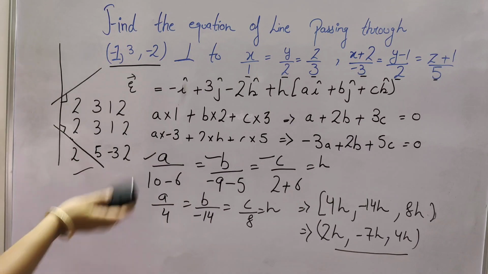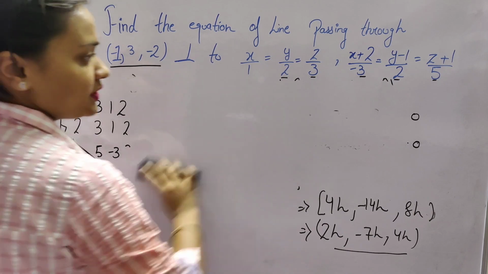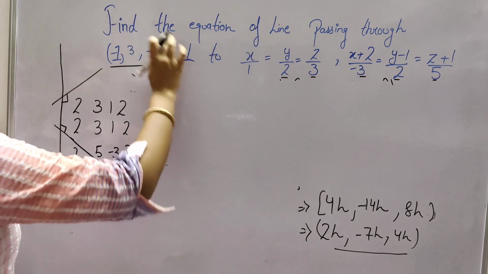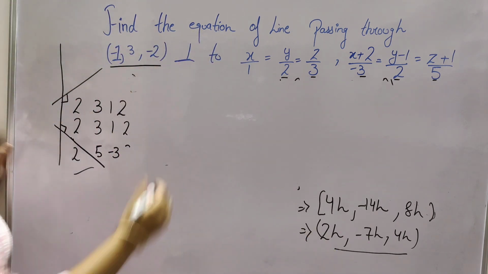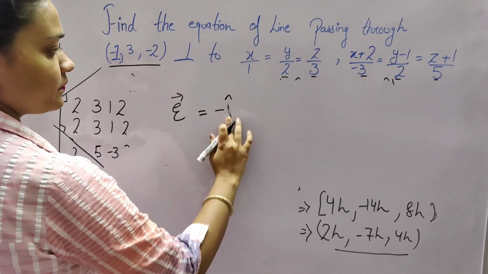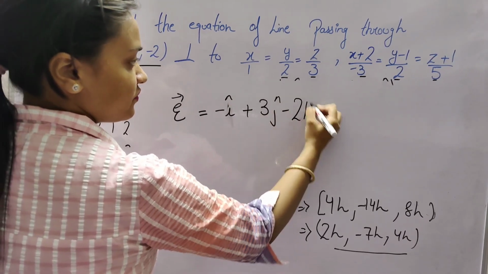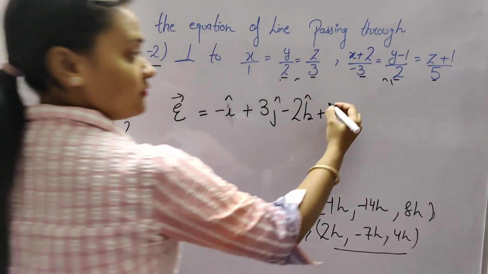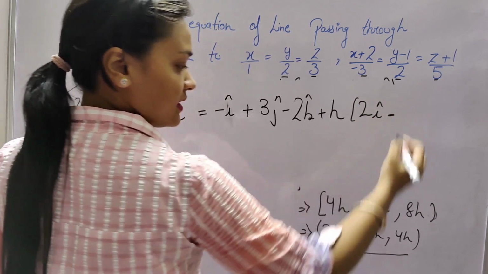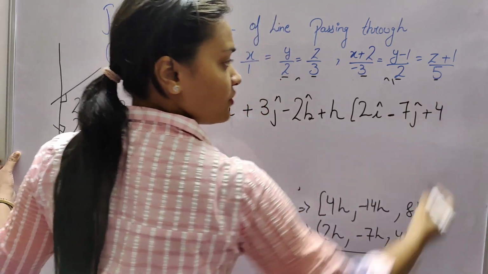Now cleaning this board a little bit so that we get a little space. Students, you get your direction ratios. Now if the line passes through these points, the equation is built as r equals minus i plus 3 j minus 2 k plus alpha times 2 i minus 7 j plus 4 k.